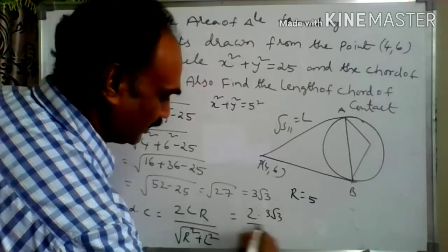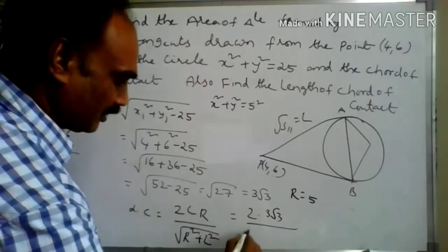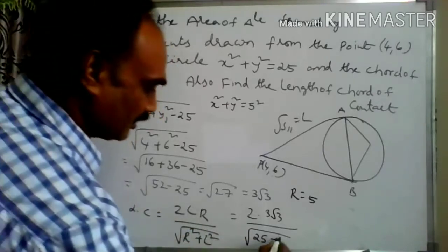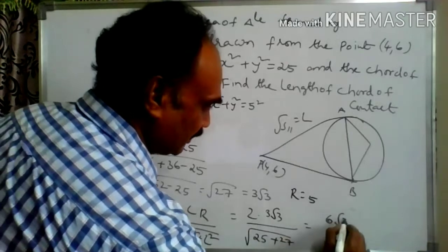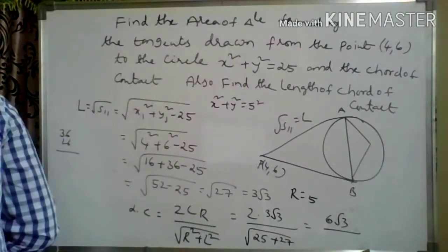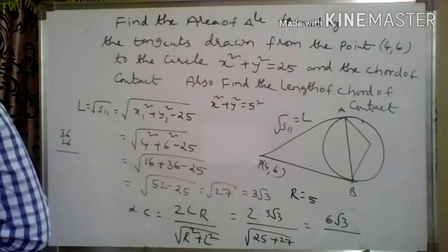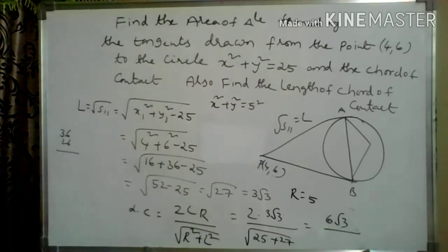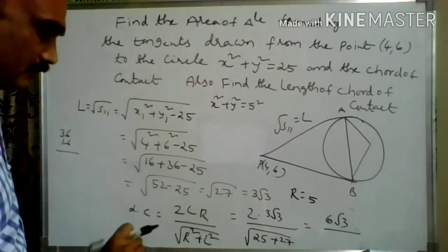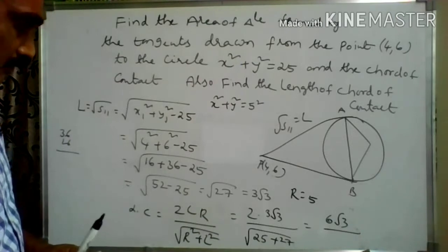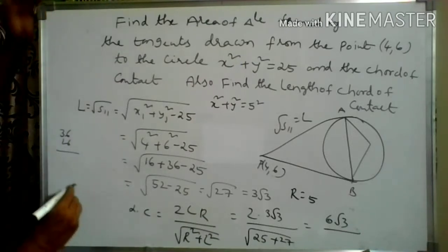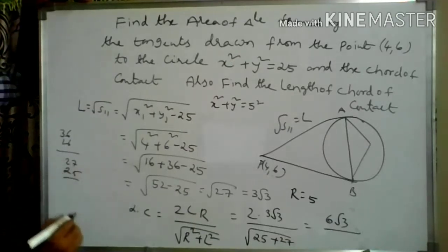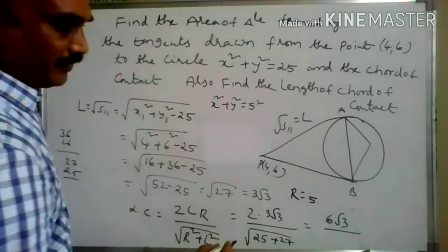So 2 into 5 into 3 root 3 by root of R square 25 plus L square 27, that is root of 52.